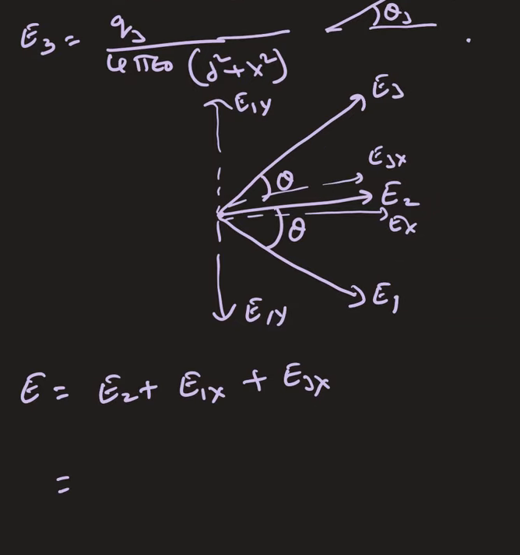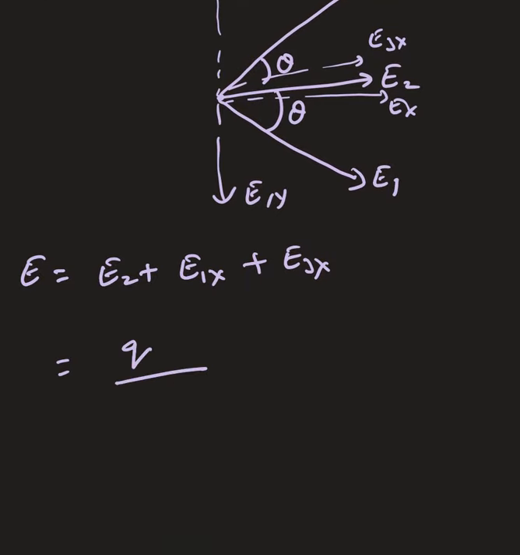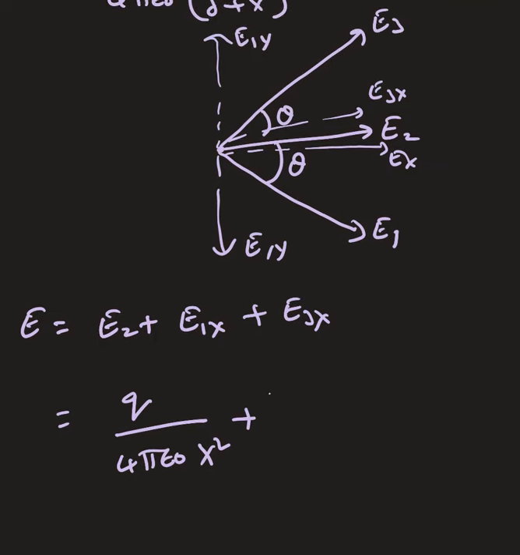E2 we already know, which is Q over 4 pi epsilon naught x square. E1x is Q over 4 pi epsilon naught times x square plus d square, times cos theta.